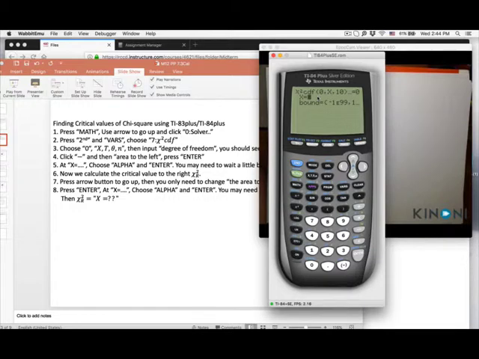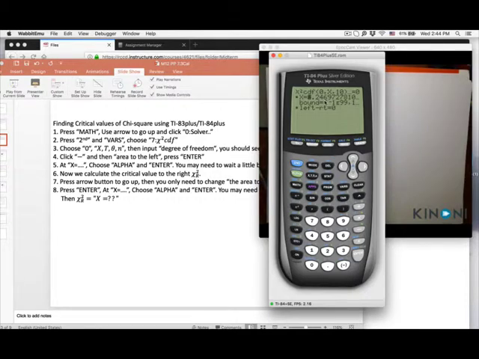You could see the screen looks like this. And then you're not done yet. Once you see x equal to 0 here, you're going to press alpha. Alpha is under the second. And then enter. You can see there's a bar running on it. So wait a minute. Now I'm going to get it. It's going to be 3.25.